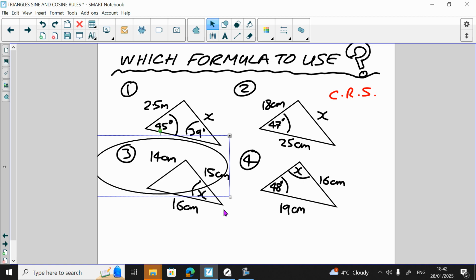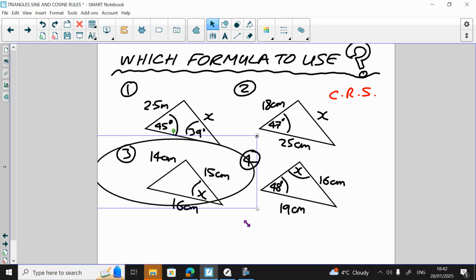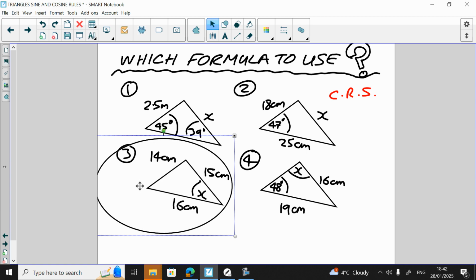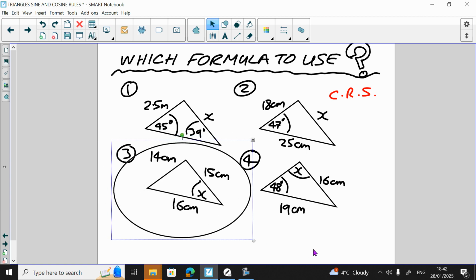Okay, what have we got here? Right, here, we have all three sides, and one angle again that we're looking for this time. So 1, 2, 3 sides involved, again, suggests the cosine rule.